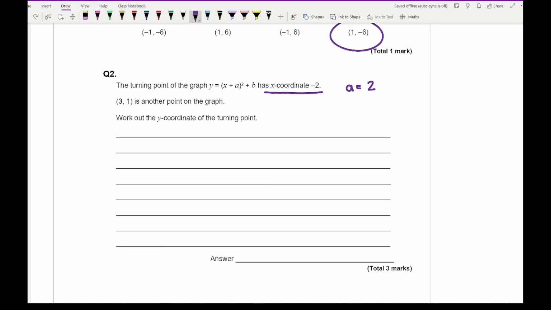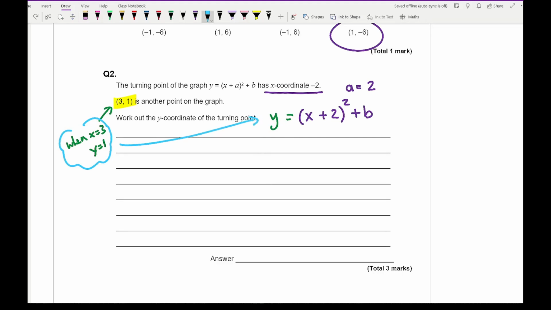So what I've got so far is (x + 2) squared plus b. Now, using the information that's been given to me, when x equals 3, y equals 1. So if all of this is equal to y, if I substitute these numbers in, I end up with 1 equals (3 + 2) squared plus b.